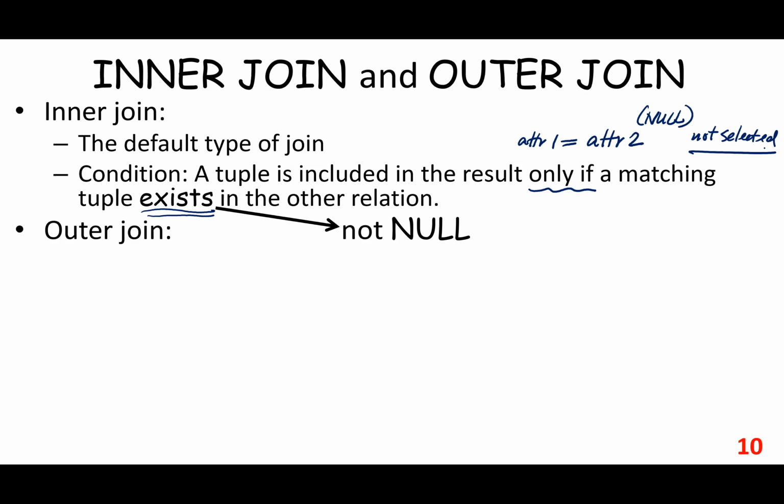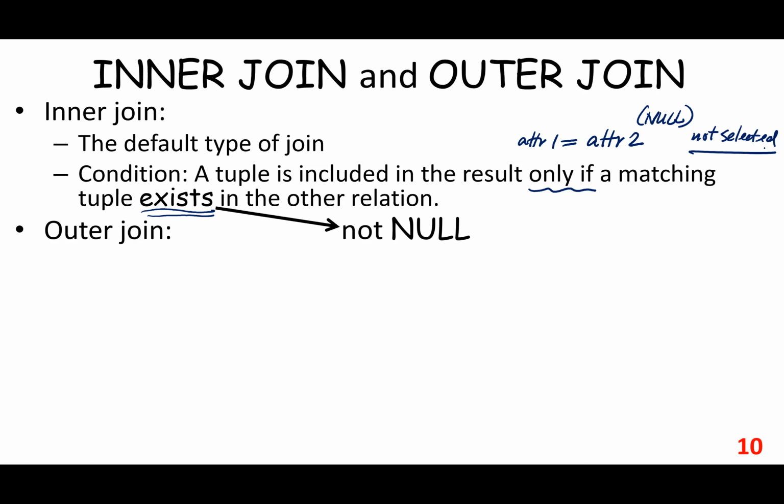In that case, we need to use the outer join concept. When you need to include the null values in the join condition to be selected, you need to explicitly use the outer join keyword.